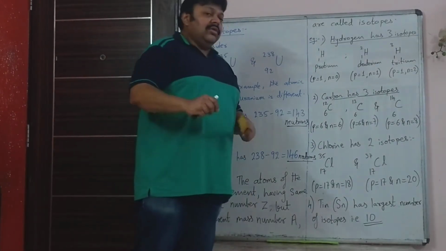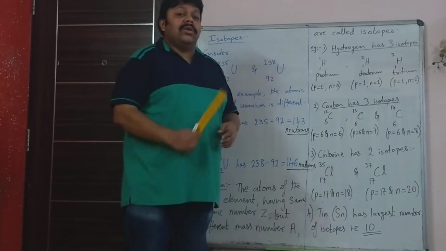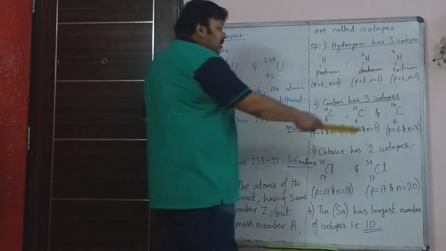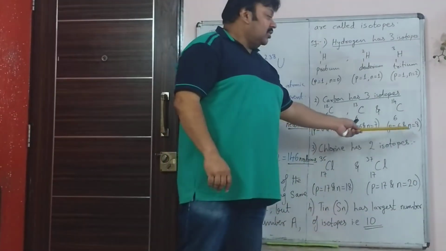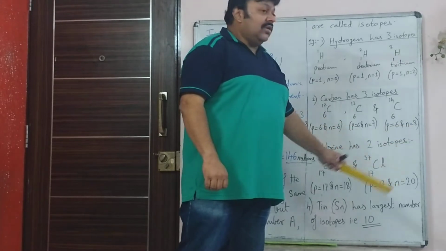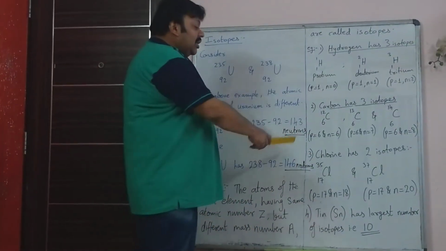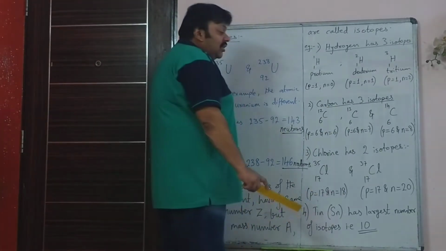Now there is also something known as stable isotopes and unstable isotopes. Carbon-14 is an unstable isotope. If the number of protons and neutrons is the same, then usually it is a stable isotope.